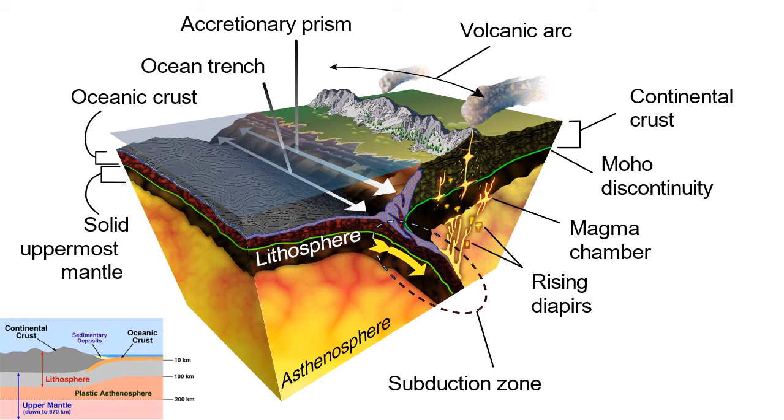Oceanic crust is composed of basalt that is rich in dense iron and magnesium, whereas the continental crust is composed largely of less dense granitic rocks. Because of these differences, the overall density of oceanic lithosphere, the crust and upper mantle, is greater than the overall density of continental lithosphere. The asthenosphere is a weak, hotter region in the mantle that lies below the lithosphere.